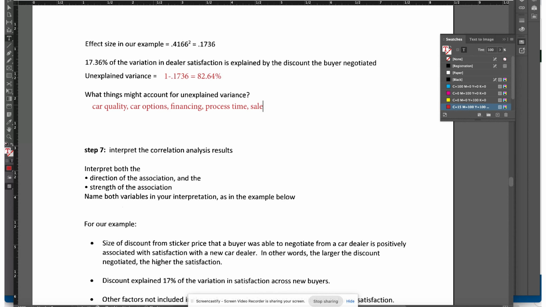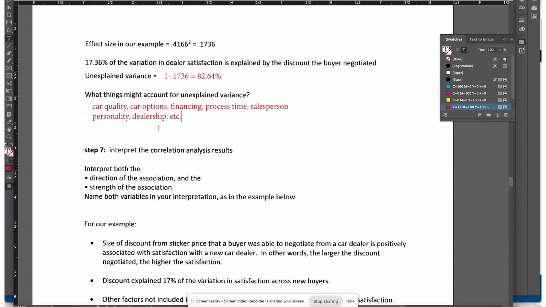And then the salesperson, their personality, that certainly could affect the whole interaction. And then the dealership qualities, maybe it was filthy, or just lots of different factors. We could just say etc. And so that makes sense that the other 83% or so would be all these different things.